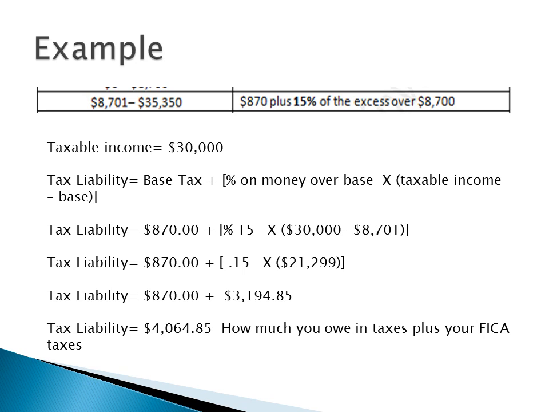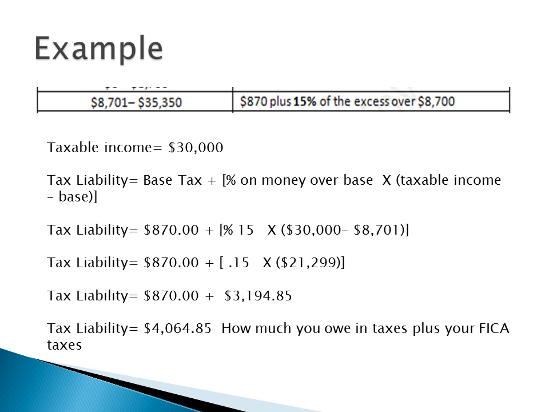$21,299. Now what you're going to do at this point is multiply $21,299 times that 0.15, which again is the percentage that you're multiplying over the base, which again was $8,701. And you get $3,194.85.